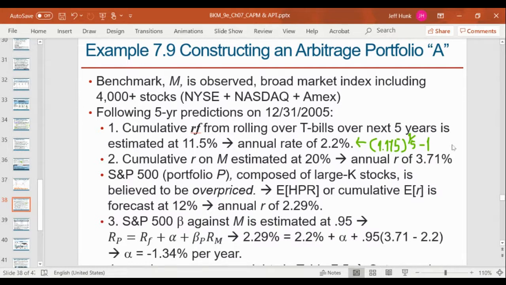So raise it to the power, yep, exactly 2.2 you get.